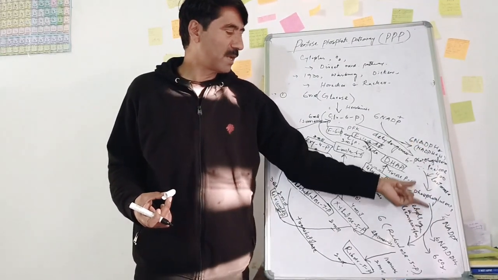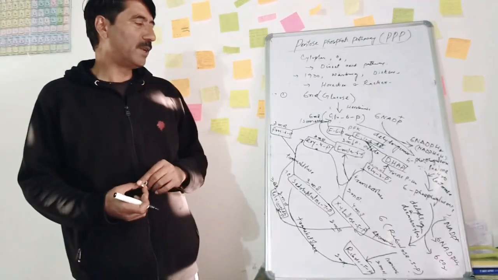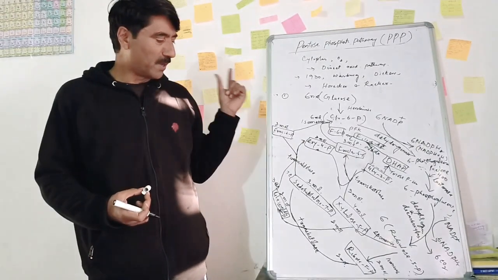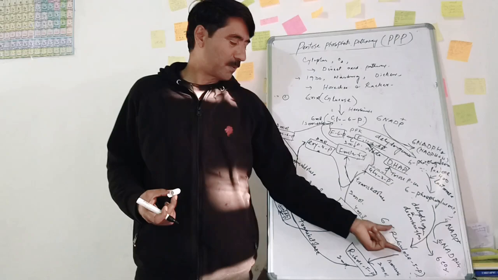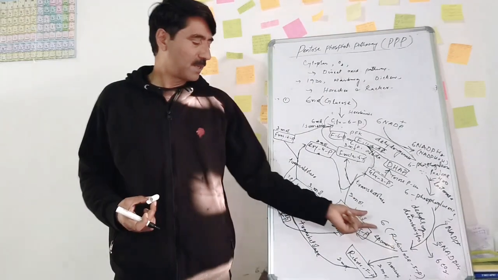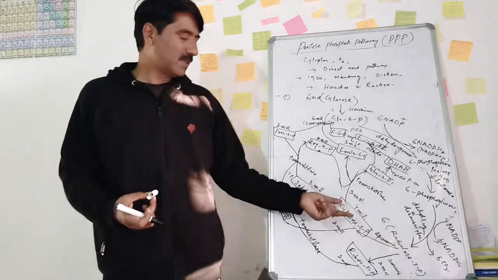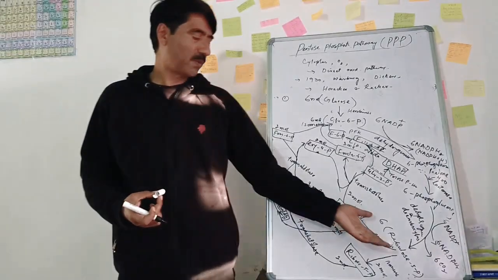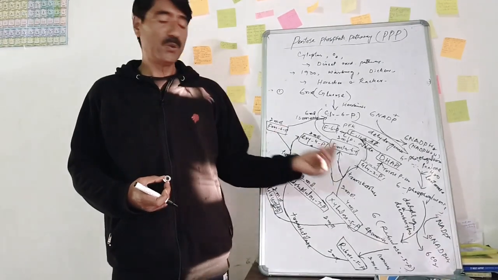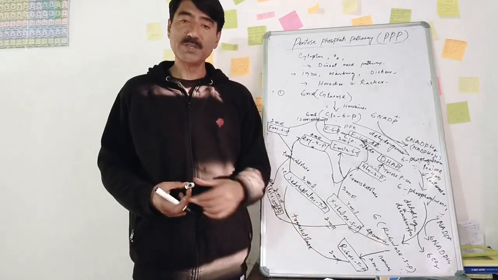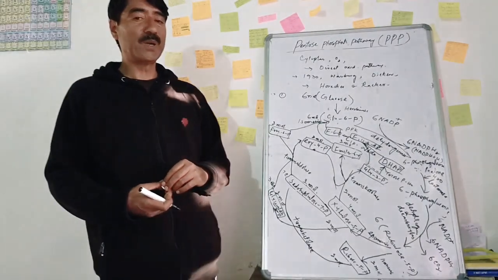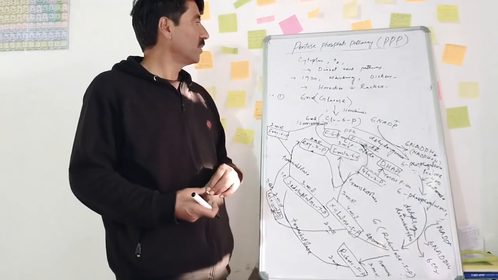These reduced coenzymes may be used in different metabolic processes, and one more important significance is that it produces these pentose sugars, that is the ribose 5-phosphate. This ribose phosphate is the precursor of nucleic acid synthesis. You know that ribose can be changed into deoxyribose. So for RNA and DNA synthesis, it is very important. So it is a very significant pathway.